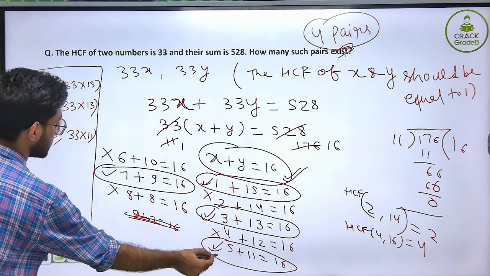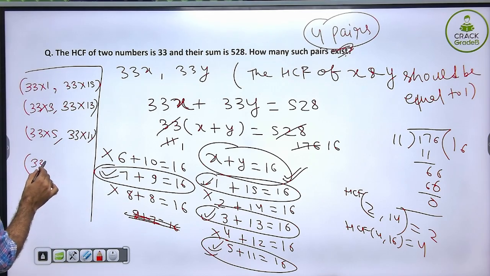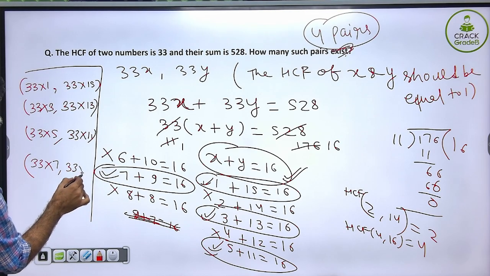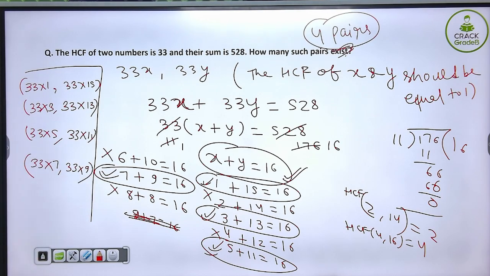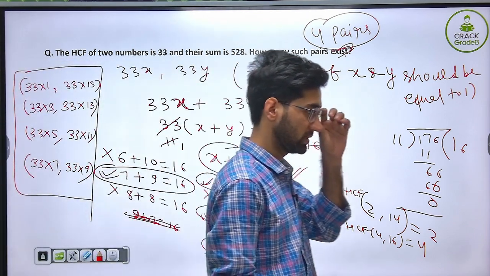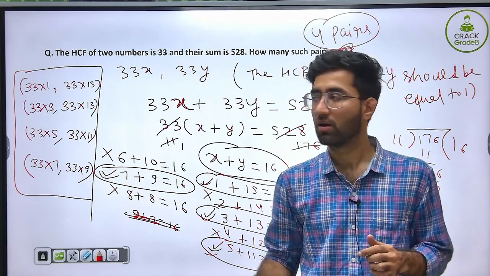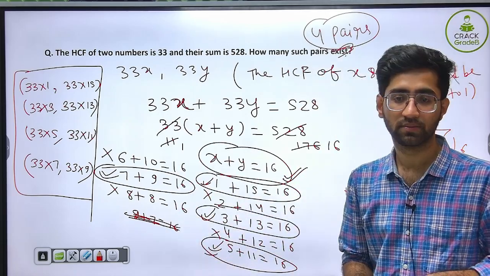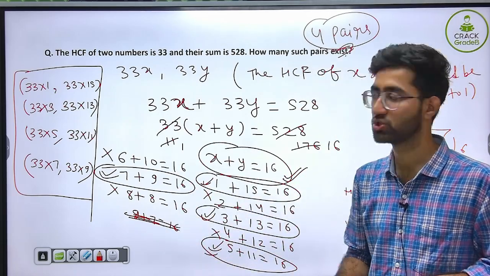Another pair is 33 into 7 and 33 into 9. These are those 4 pairs of those two numbers, right?